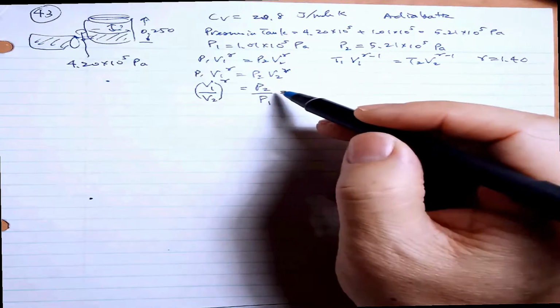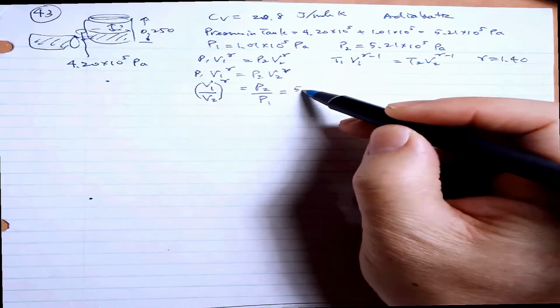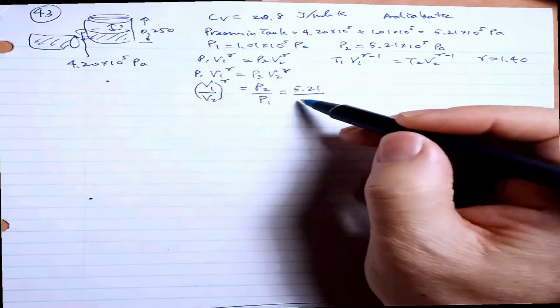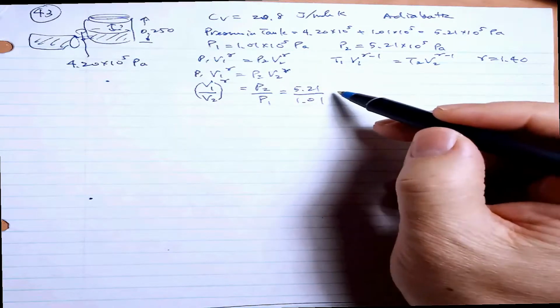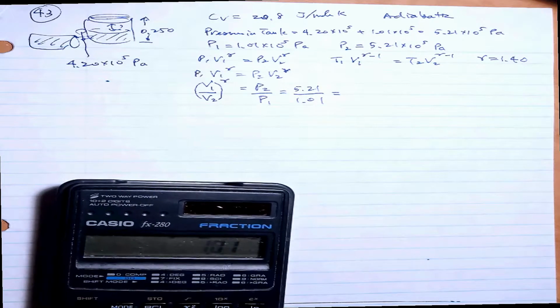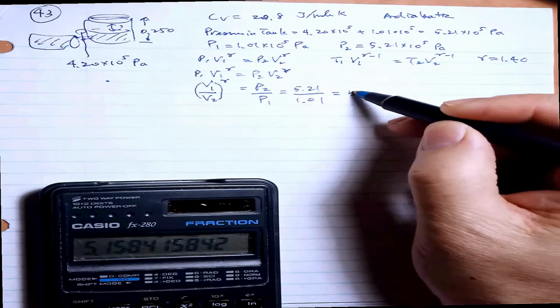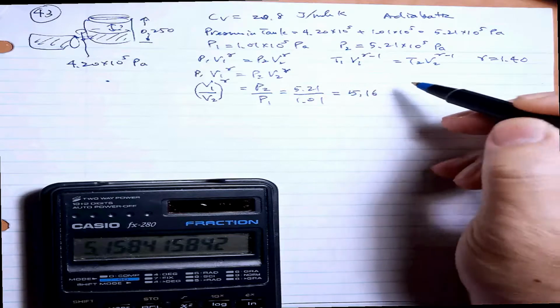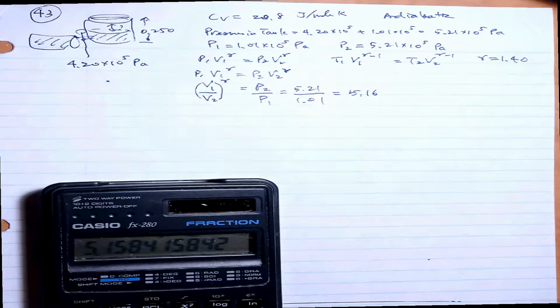P2 is 5.21 × 10^5 divided by 1.01 × 10^5, so 10^5 cancels. So 5.21 divided by 1.01 is 5.158, or 5.16. So that is the ratio.